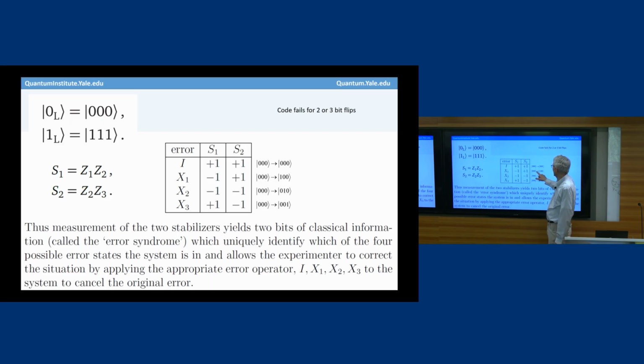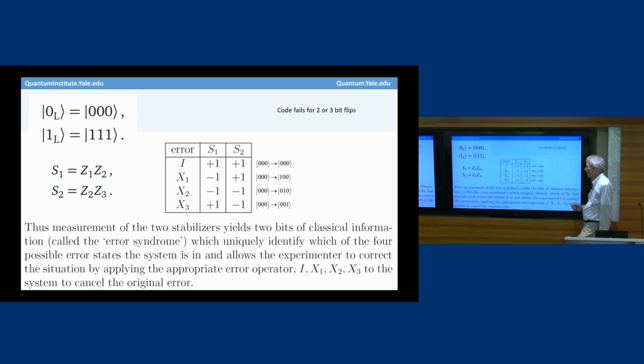If, let's say, the first bit flips from 0 to 1, then when I measure the joint parity here, it's going to be -1. And when I measure the joint parity here, it's going to be +1. Okay? If the middle bit flips, they're both going to be -1 because those two are different and those two are different. If the third bit flips, then the first parity is plus and the second is minus.